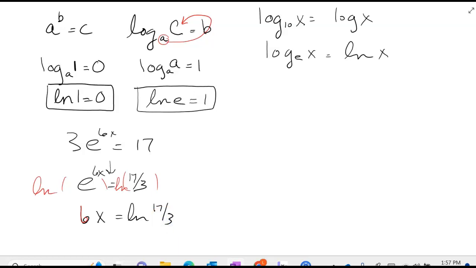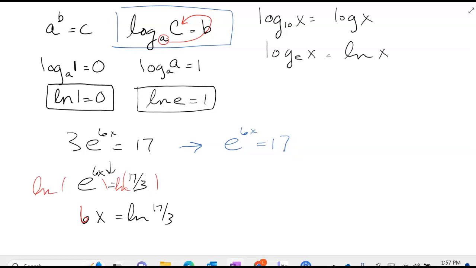Or you don't even have to do that. You can look at the original problem and just say, wait a minute, let me reconvert it using this idea here. Again, I get it to e to the 6x equals 17/3. No matter what you do, it's always best to get that exponential completely on its own.